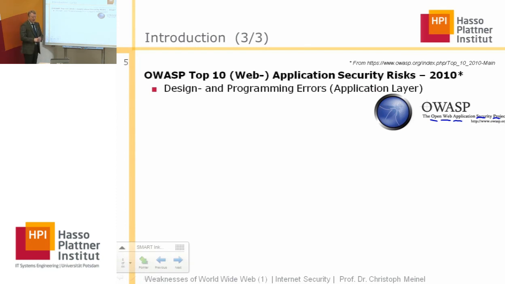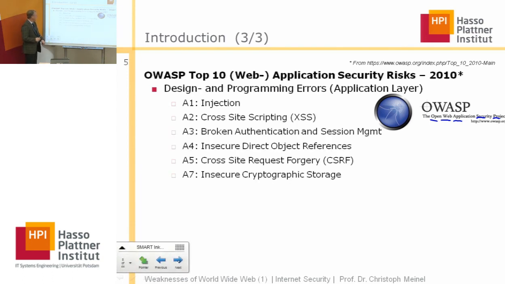The first group comes from design and programming errors on the application layer. Most important and most dangerous, top one in this list, are injections. Then the next are cross-site scripting, broken authentication and session management, insecure direct object references, cross-site request forgery, and insecure cryptographic storage. These are the 7 most important application security risks in the web.